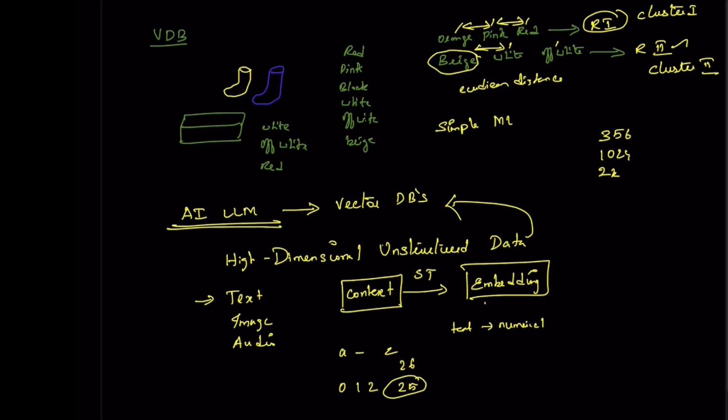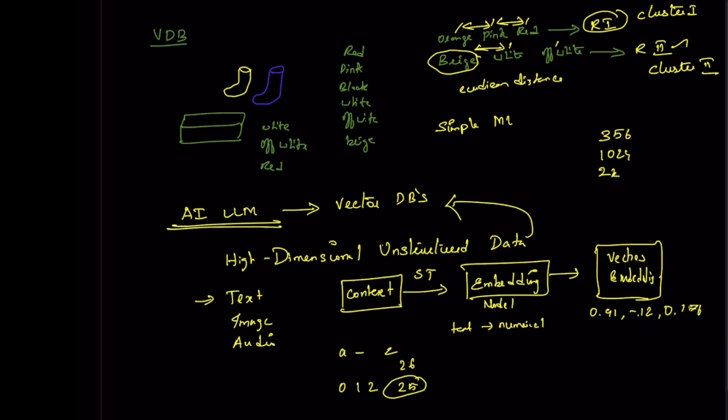Basically, the embedding model stores each value as vector embeddings. You will have values like 0.9, minus 1 to 0, like 0.176.